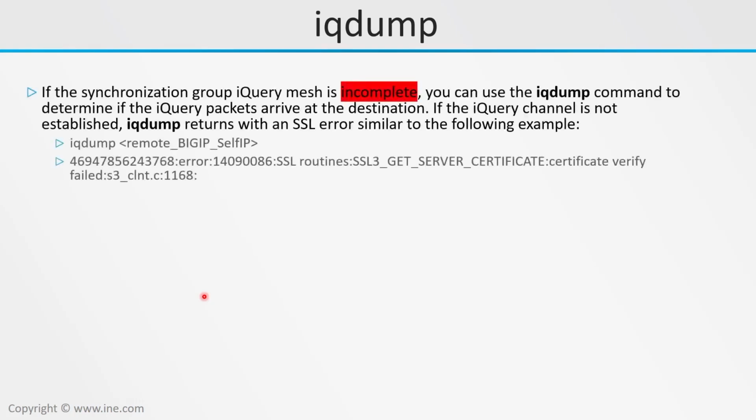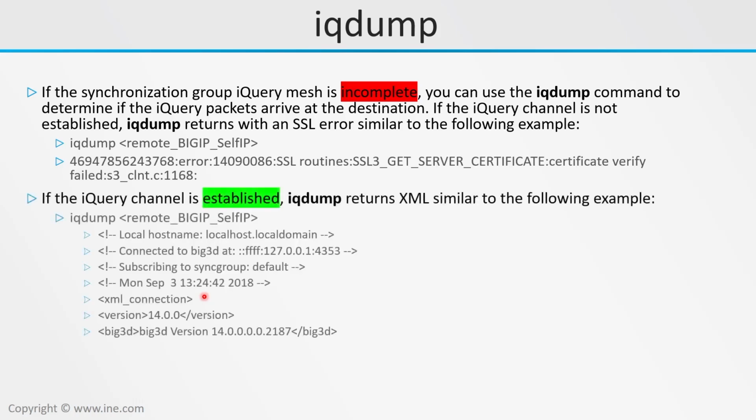Alright, so in conjunction with that last slide, I talked about some better options, one of those being the iqdump utility on the F5 platform. So basically, F5 iqdump subscribes to the big3d process by creating a separate iQuery connection. So it basically listens for everything going on in that specific process.